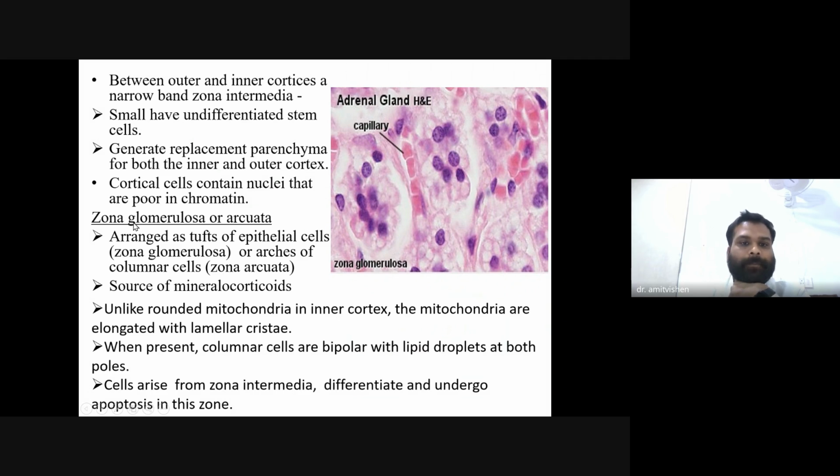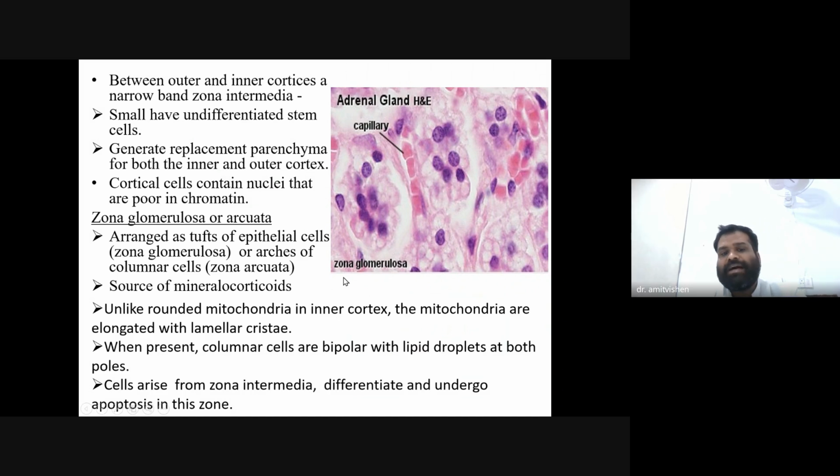Now let's go into the zona glomerulosa, and see what is the importance of this and how the cells are arranged in the zona glomerulosa. These cells are arranged in the form of a tuft of epithelial cells, and these are mostly columnar cells. And the source of this zona glomerulosa is mineralocorticoids.